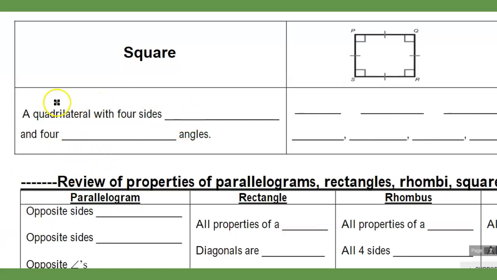So if we have a quadrilateral with 4 sides congruent, okay, and 4 angles congruent, or let's say right angles, that is a square. Yeah, congruent sides and 4 right angles.